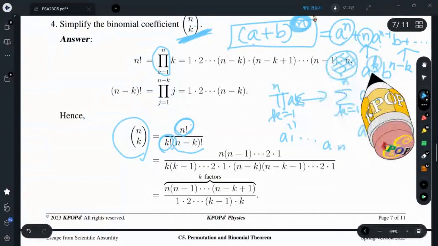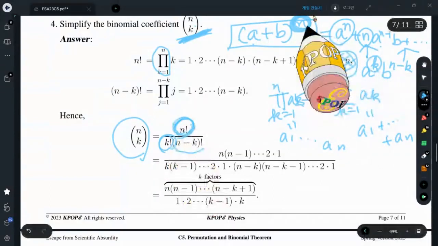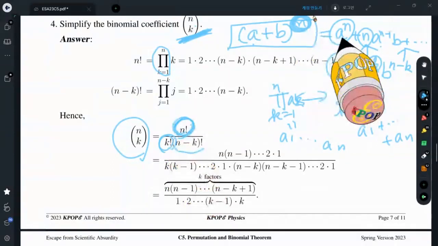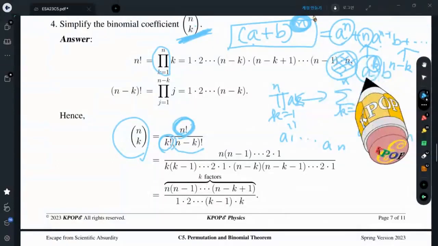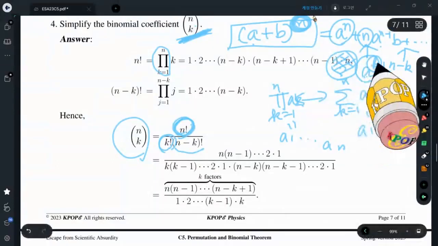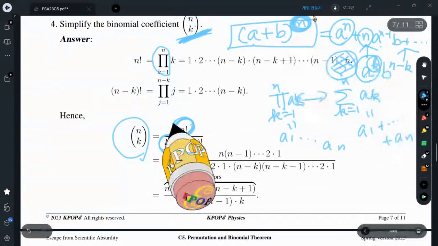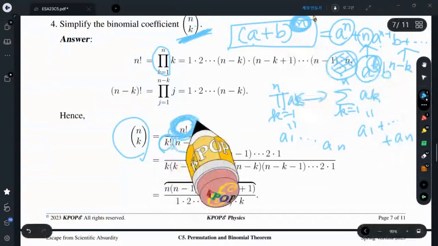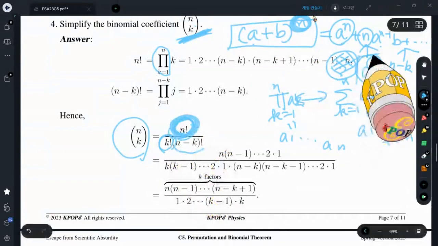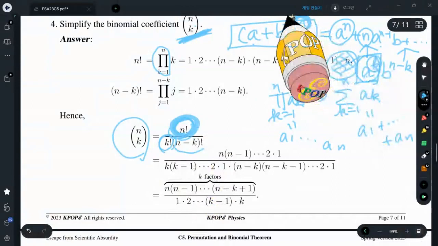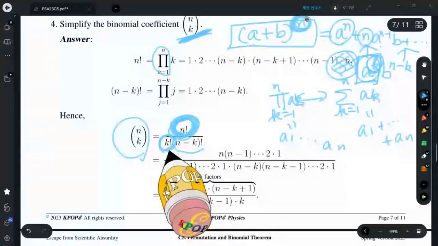And I have a total of n elements to be listed in order. That is n factorial. And I have identical a's repeated k times, so I have an overestimated number. This is overestimated. I have to cancel. I have to revoke what I have computed too much. So this k factorial should be removed in the multiplication.